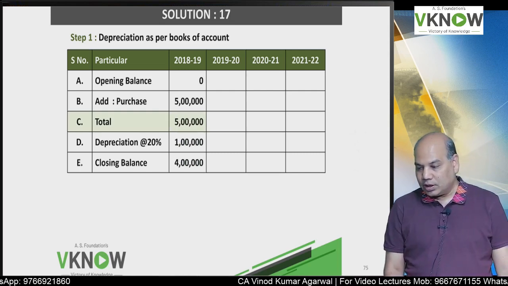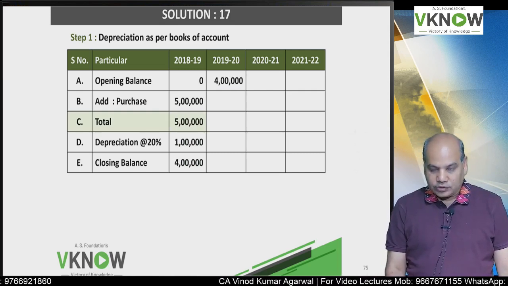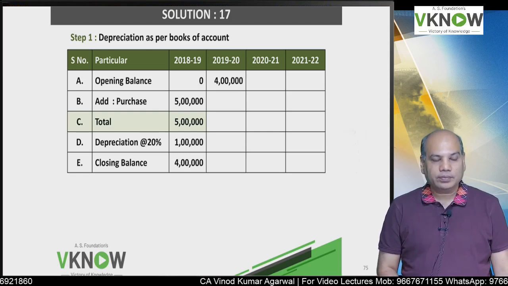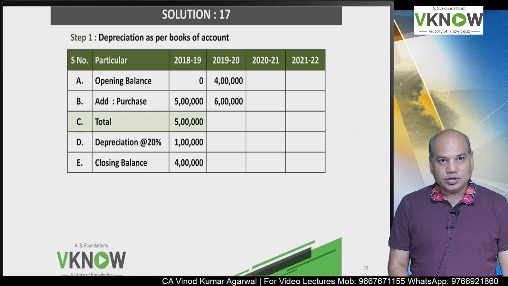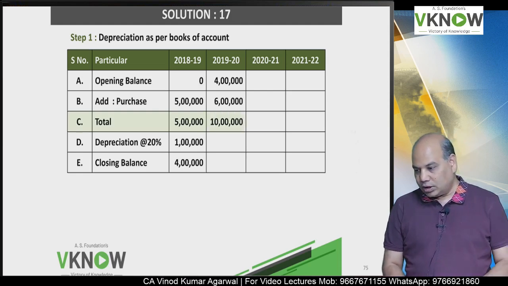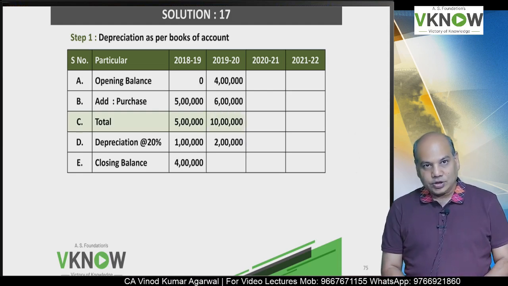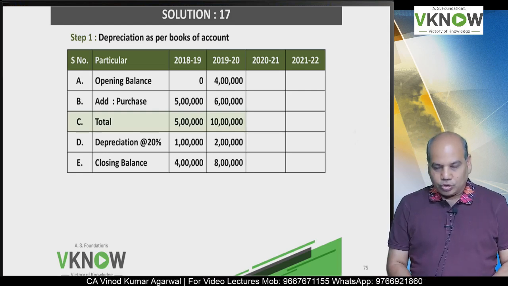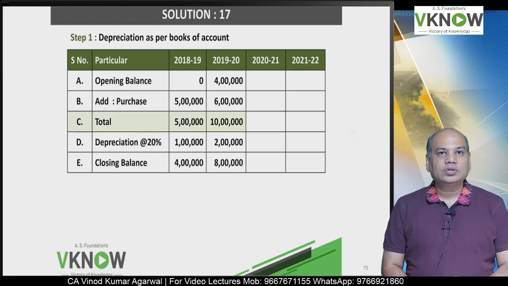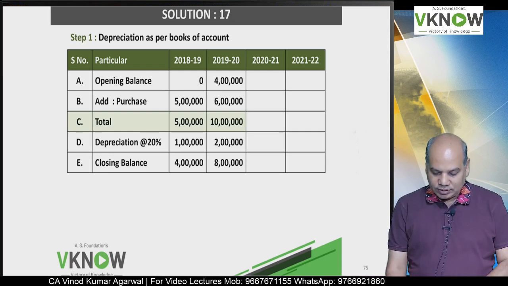So my closing balance will be 4 lakh. Next year opening balance 4 lakh. Do we have any purchase in the second year? Yes, 6 lakh. Total 10 lakh. Depreciation 2 lakh. Closing balance 8 lakh.